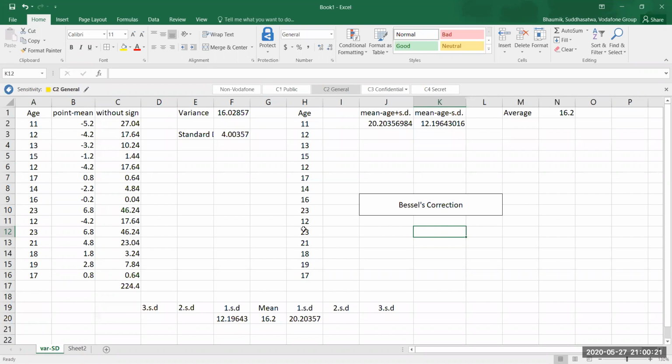That is exactly the essence of Bessel's correction. What Bessel's correction says is that I am going to use n minus 1 in place of n, so that I can make corrections in the sample statistics to not underestimate the actual parameter. Now this statement is very confusing.